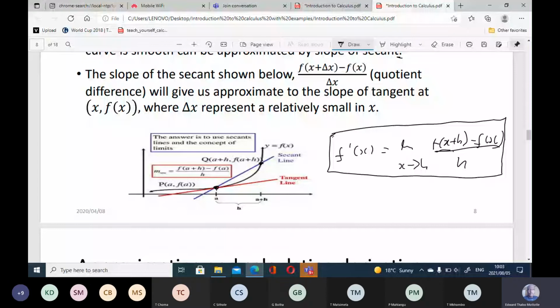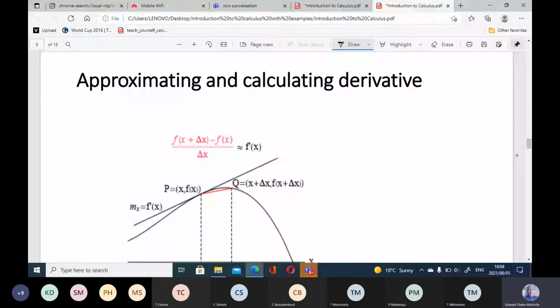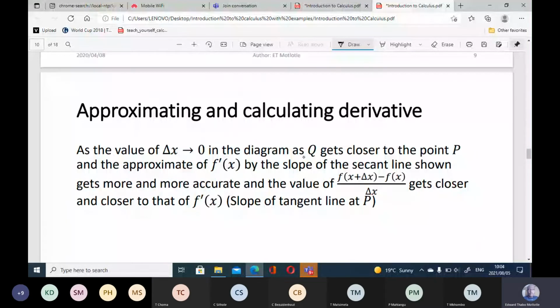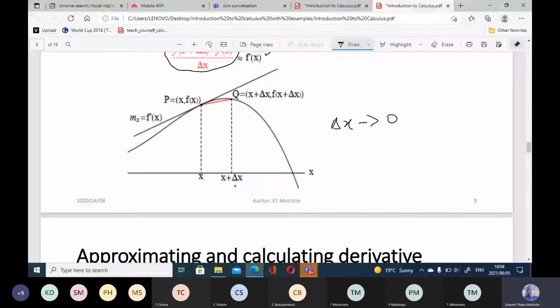So here again, this graph is still explaining the same concept, that we are actually approximating this slope. This is the slope of a secant PQ to determine the derivative. Okay. Now, as the value of delta x decreases, it will reach the point x.